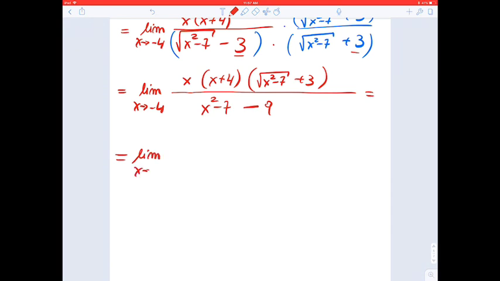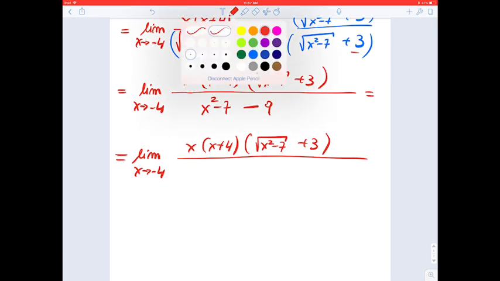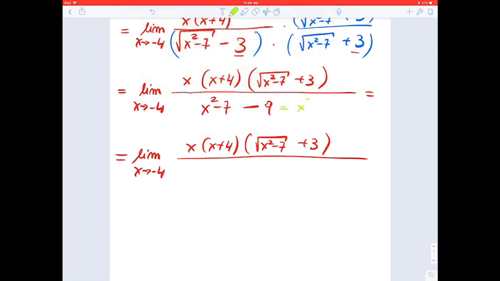Okay, let's see what we have. Limit as x goes to negative 4. I have x plus 4, square root of x squared minus 7 plus 3. And let me try to maybe work here. This will be x squared minus 16, and I can factor it as x minus 4, x plus 4.